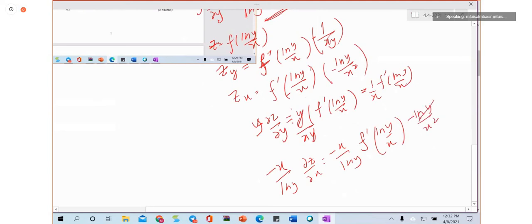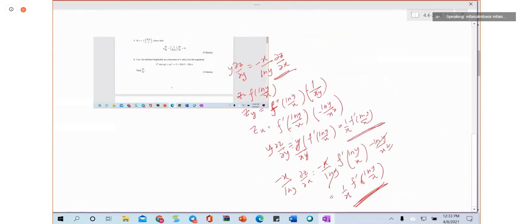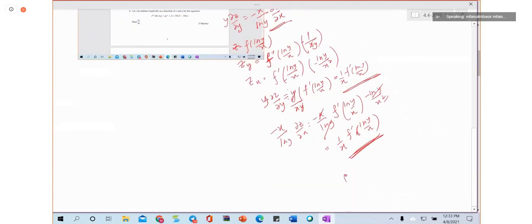So this can be cancelled, this can be cancelled, you have negative, positive. You have 1 over x f prime of ln y over x. So this is the same, right? So you have shown it.